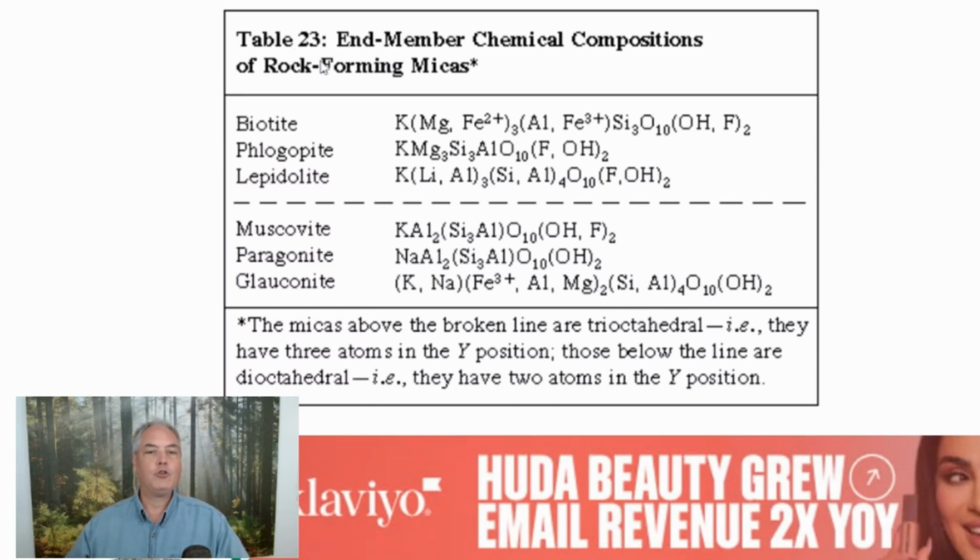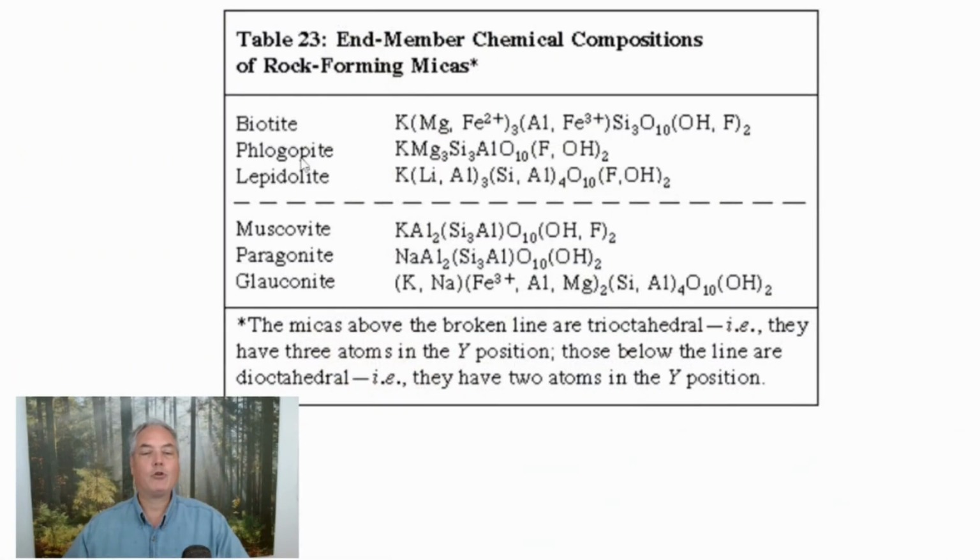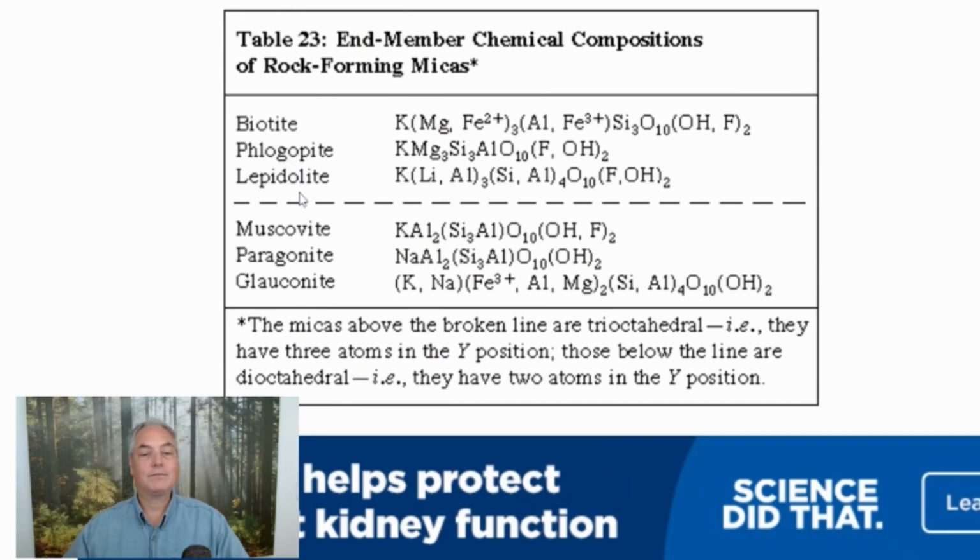If you look here, we have the rock-forming micas. We have biotite, a black flaky mineral like this. As you can see, if there's room to grow, it can form little sheets like this. It's quite nice. We also have phlogopite and lepidolite.